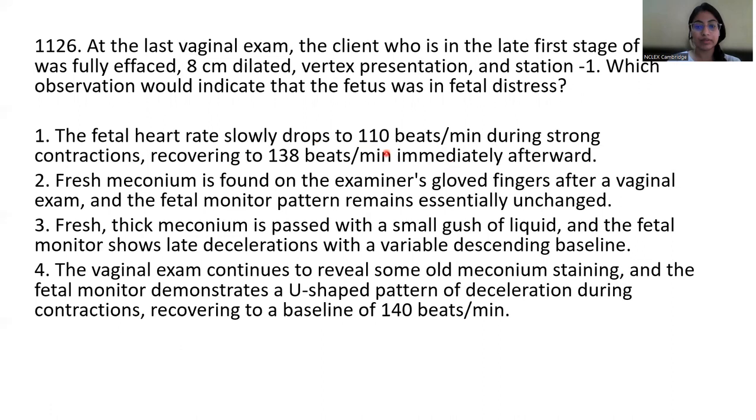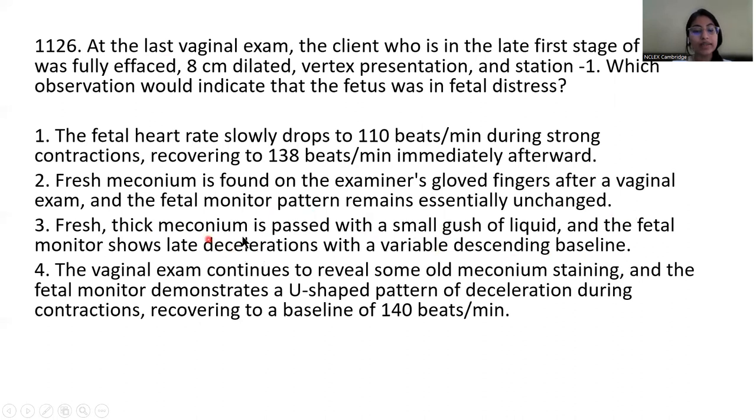So, we can check the next option. Fresh meconium is found on the examiner's gloved finger. So fresh meconium is appearing from the vagina, and the fetal monitor pattern remains essentially unchanged, which means that there is no alteration in the heartbeat of the fetus. Fresh thick meconium is passed with a small gush of liquid, and the fetal monitor shows late decelerations with a variable descending baseline.